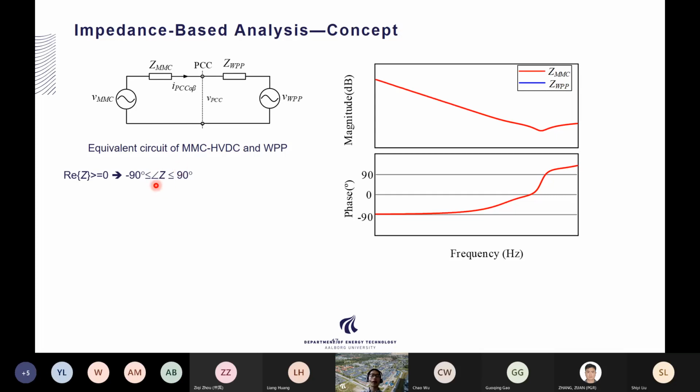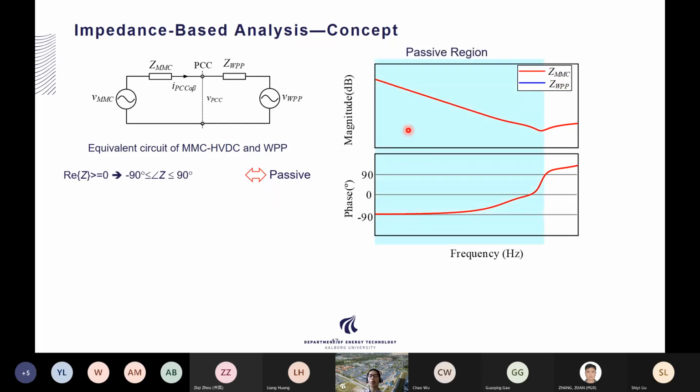That means the phase angle of the impedance should be within minus 90 degrees and 90 degrees, because as long as you have some positive damping, the impedance should always behave either inductively or capacitively. So its phase angle should always be within that range. And if that condition is fulfilled, we say that this impedance is passive.